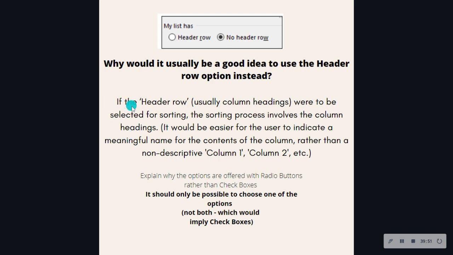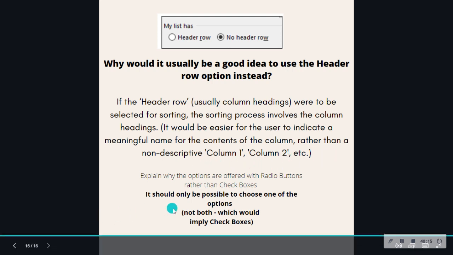The reason for this is if the header row, which is usually column headings, were to be selected for sorting, the sorting process involves the column headings. Okay, so now if you've chosen no header row, it would not be that easy for the user to indicate a meaningful name for the contents of that specific column. Let's say column 1, column 2, etc.